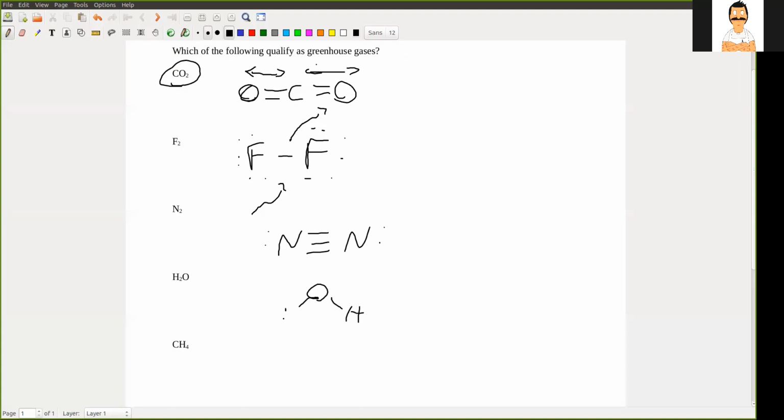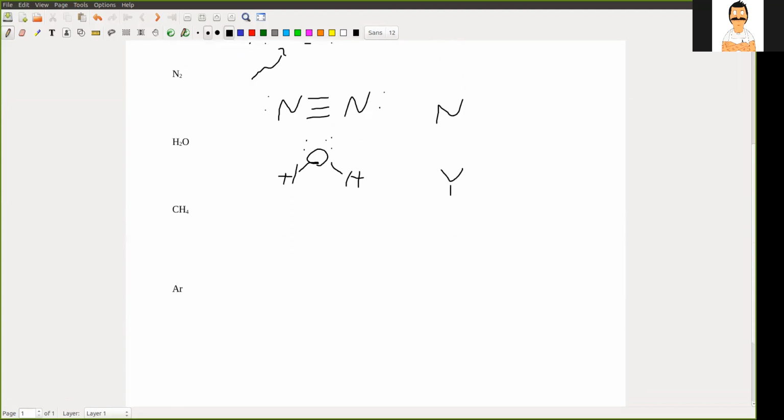Water has some reasonably complex vibrational modes, where hydrogen gets closer and further away from oxygen. There's also bending and twisting, and just different types of vibrational modes that retain that energy. So this one is a yes. This one's a no. This one's a no. And this one's a yes.